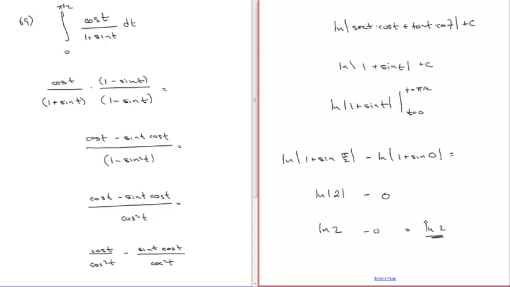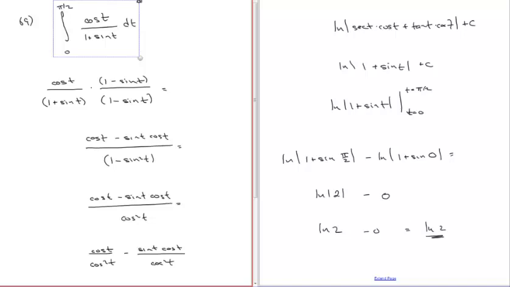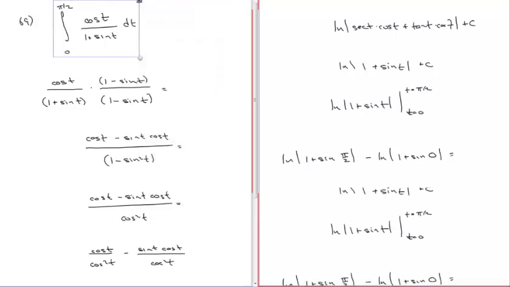Now I'm just going to copy this thing here. Let me copy this over to another page. I'll show you the other way, which is a little simpler, but it gives you the same answer.